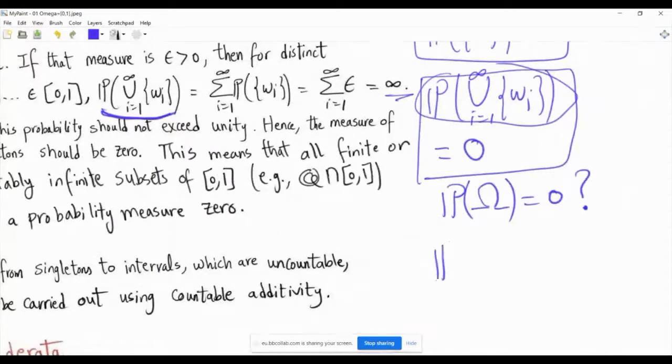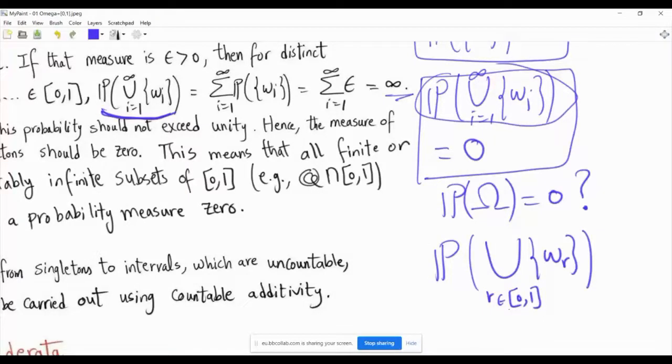What is big omega? Big omega will be a union over r, so it is composed of the singletons, and what is the index? We want to index every point on the closed interval from 0 to 1. Well, this index is a real number, the real numbers from 0 to 1.